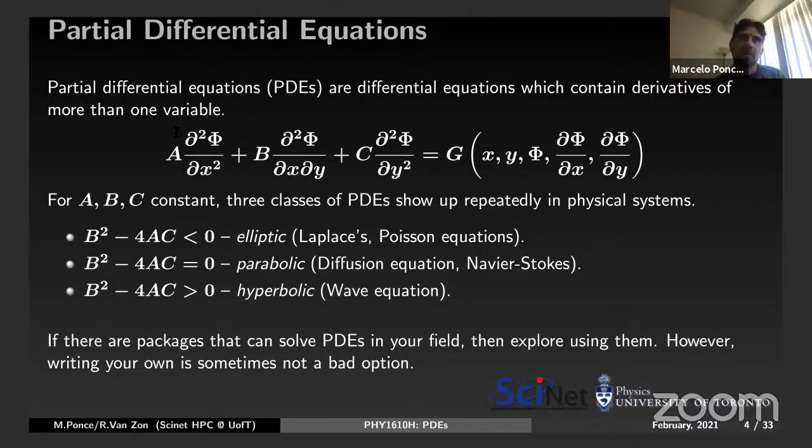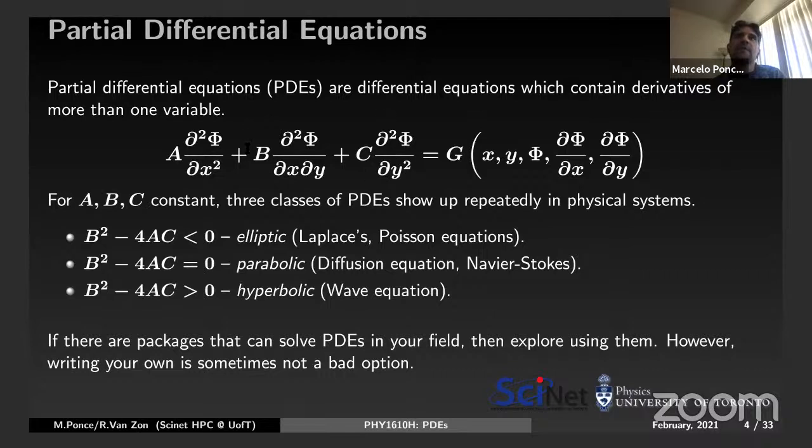And there are some constants, capital A, capital B, and capital C. These are all constants in the problem. And the main difference that you will notice with ordinary differential equations is that now this function phi will depend on variables x, y, and it could be z and w and many others. But let's just take, for the sake of concreteness, that it depends on x and y.